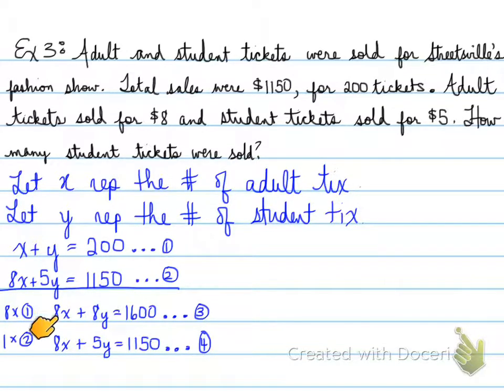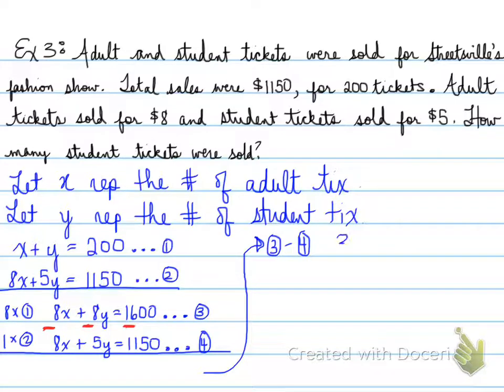So we've got equation number 3 and 4. What we're going to do is subtract. So 8x minus 8x, 8y minus 5y, 1600 minus 1150. So equation number 3, subtracting equation number 4 as such, and you will get 3y is equal to 450. That means y is equal to 150.